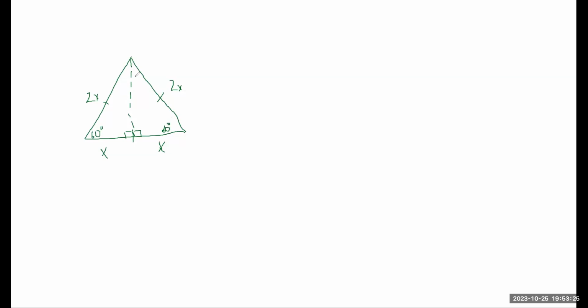These two right triangles are congruent to each other, meaning that all their corresponding parts are congruent. So this 60-degree angle at the vertex creates a very special right triangle, and the special right triangle I want to concentrate on.